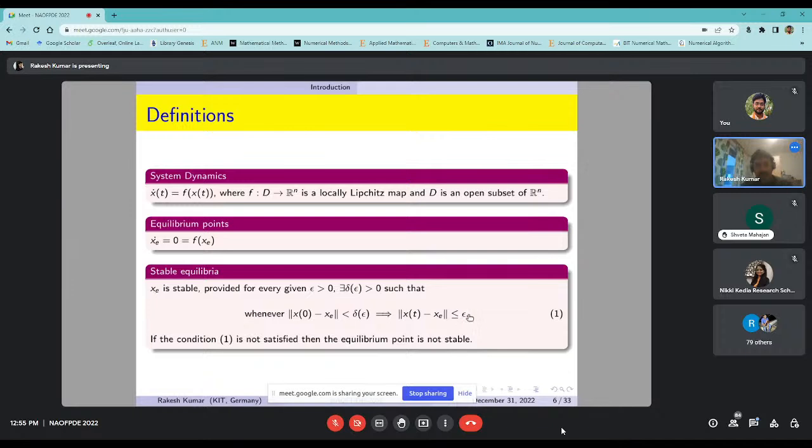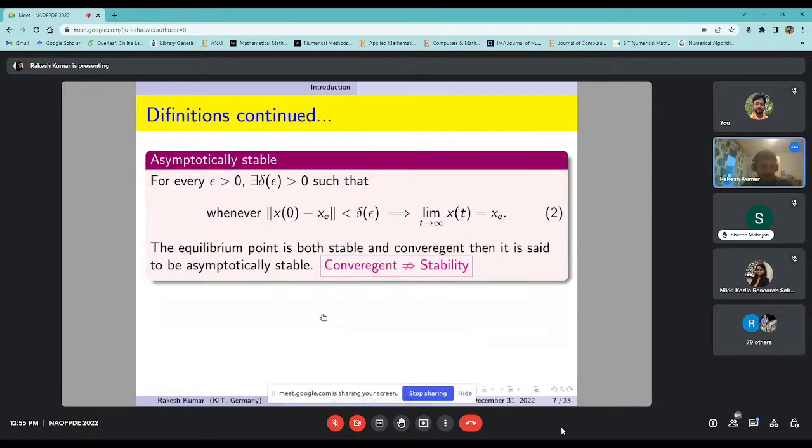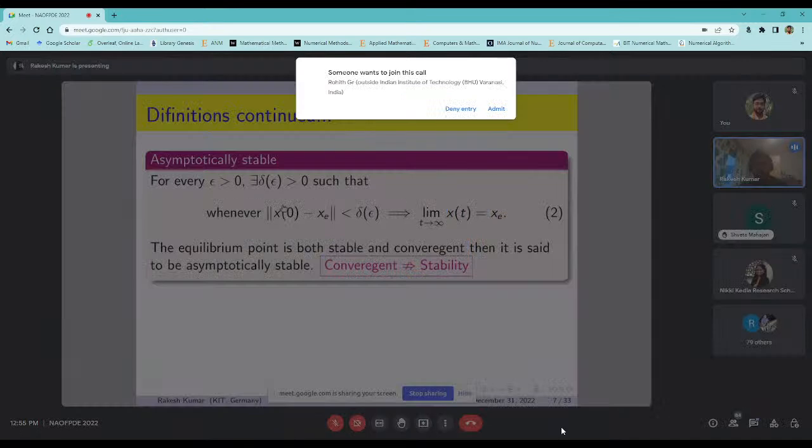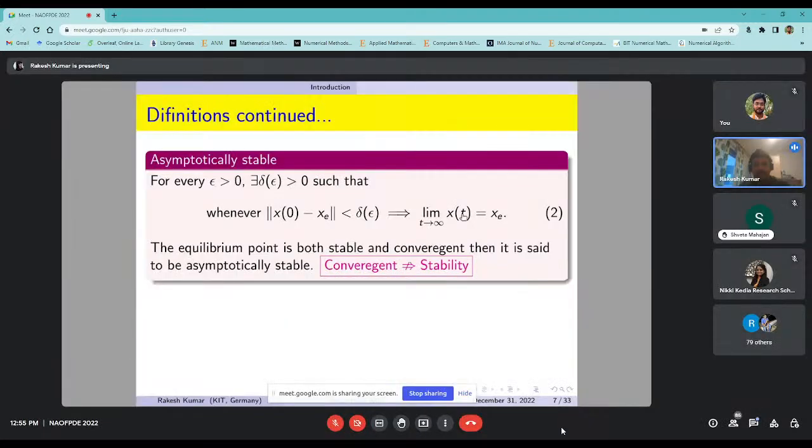In that case, we can say that the solution of this differential equation is stable. We call it asymptotically stable when, as time approaches infinity, your solution converges to the equilibrium point.